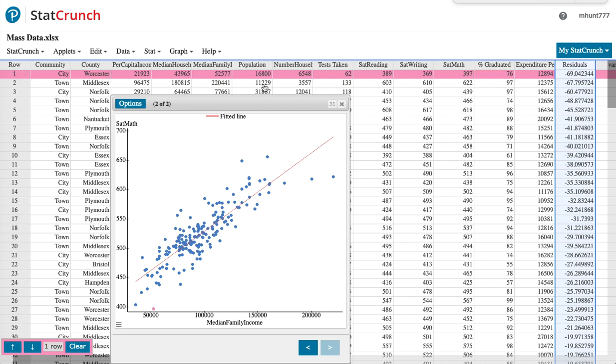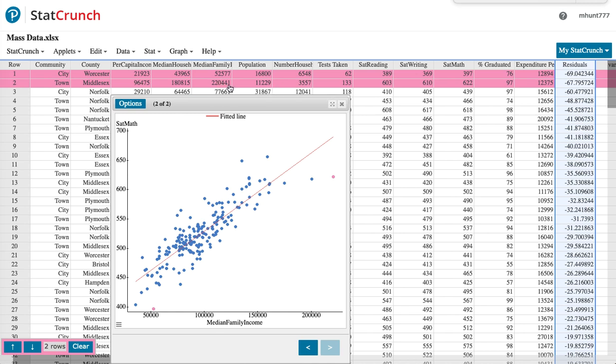So what about Worcester? Worcester had a math SAT score of 379, and that is 69 points lower than school systems with the same median family income. The next lowest residual is Middlesex. Middlesex had an SAT score of 603, which is pretty good. However, if you look at the median family income, it was pretty good too.